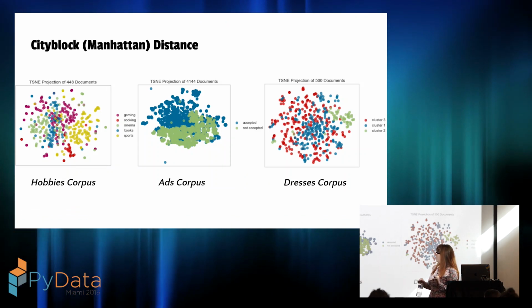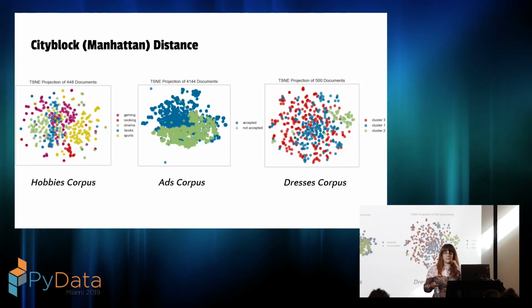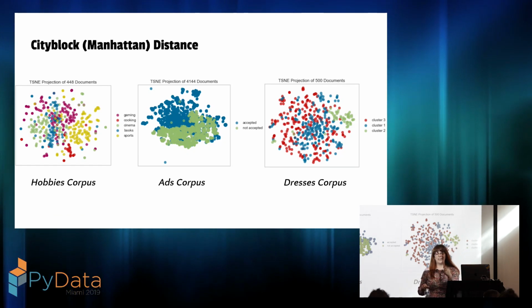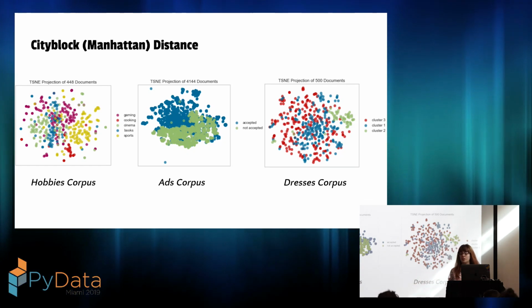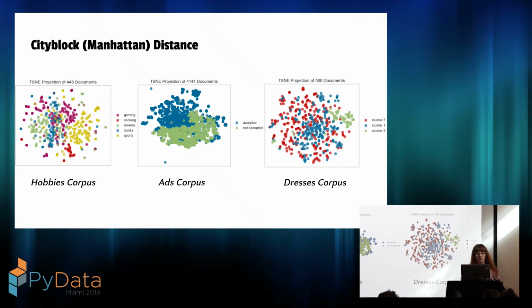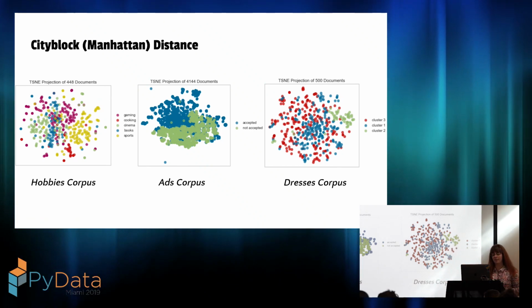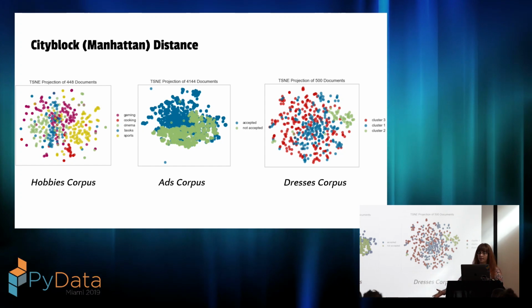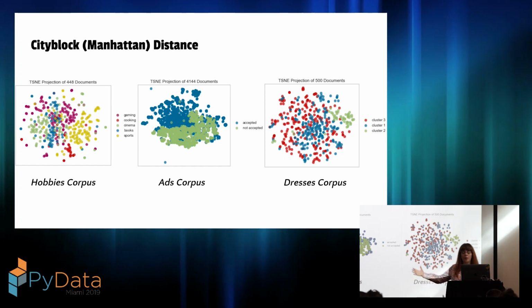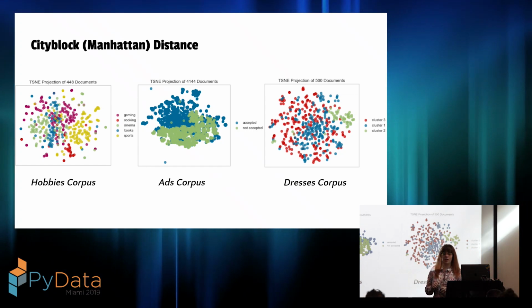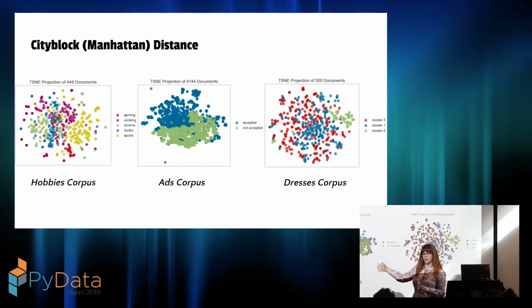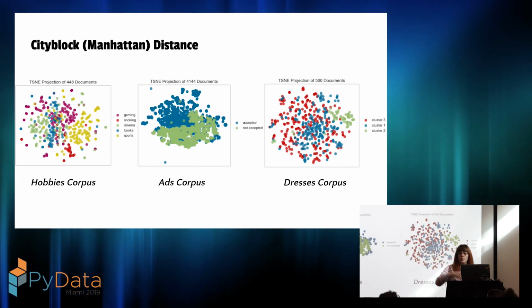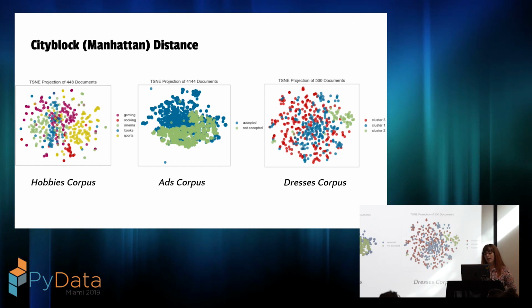So this one, I think, has a very different kind of effect. These are not terribly different distance measures, but you can definitely see, I would feel much more confident about trying to do classification on the hobbies corpus after seeing this version of the plot compared to the one that we saw before with Euclidean distance.